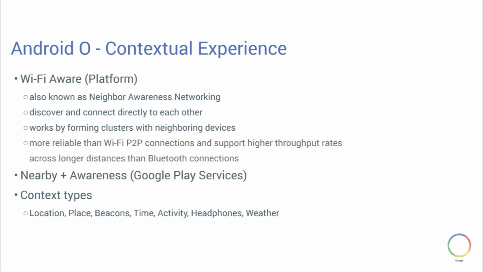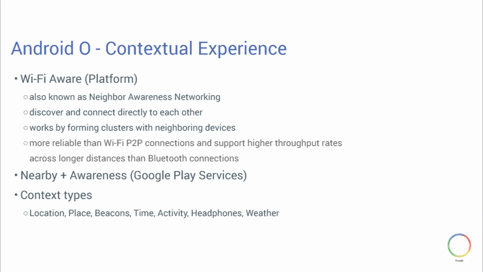And also the Awareness API will give you different contexts. Those are the 7 contexts available through the Awareness API. So if you need to build some intelligent apps, these will be the APIs you would like to check out later.